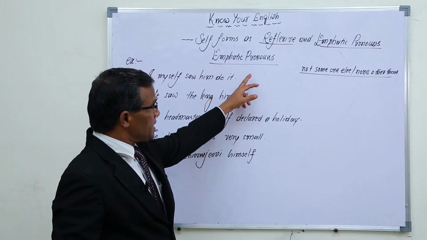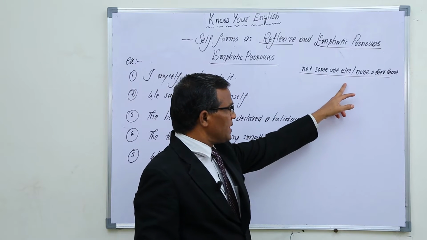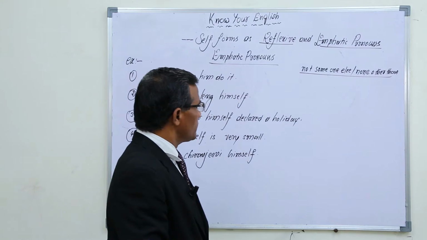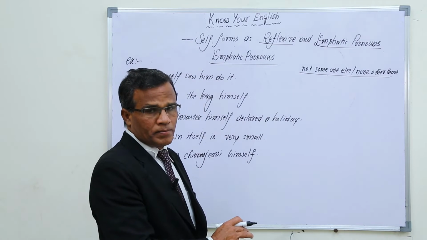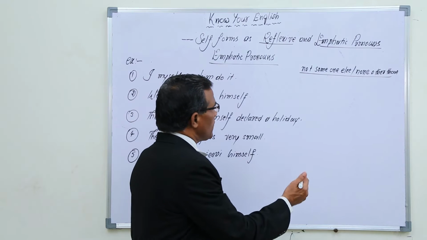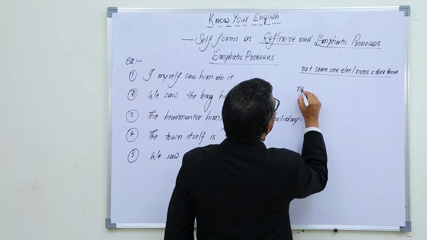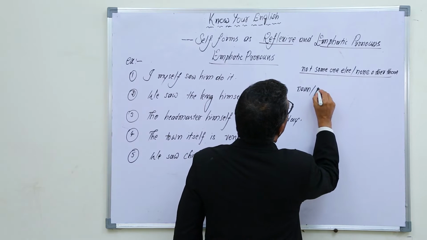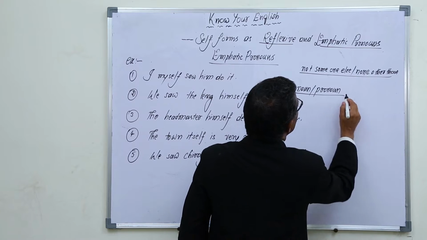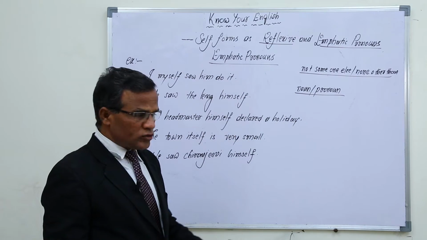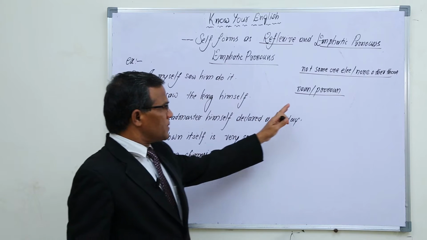So the same emphatic pronouns we use in the sense of not someone else or none other than. Especially here, the self form must be used immediately after the noun or pronoun which it relates to.